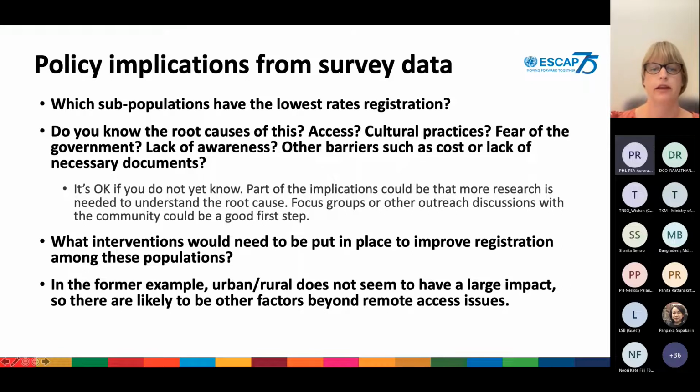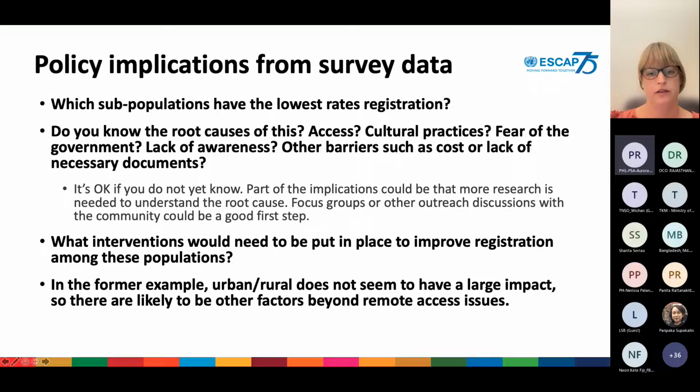But it's also okay to say you don't know. So maybe you see low rates in a certain population and you're not entirely sure why. So part of this inequality assessment is just documenting what you don't know and what areas need more research.